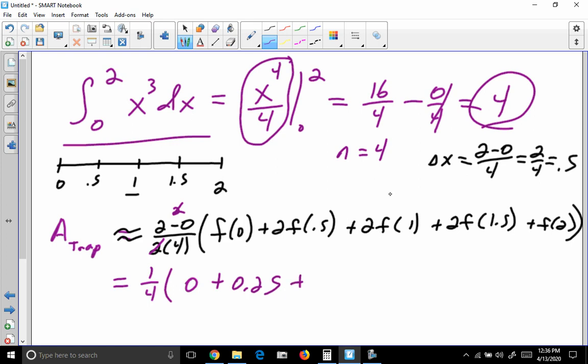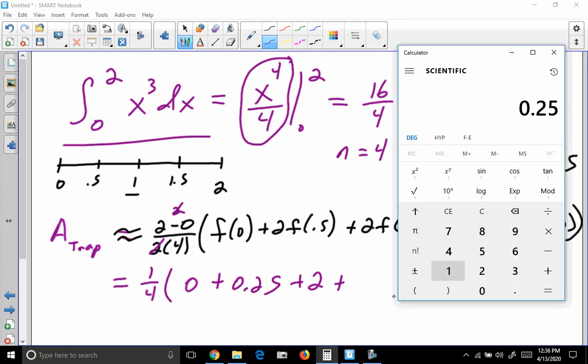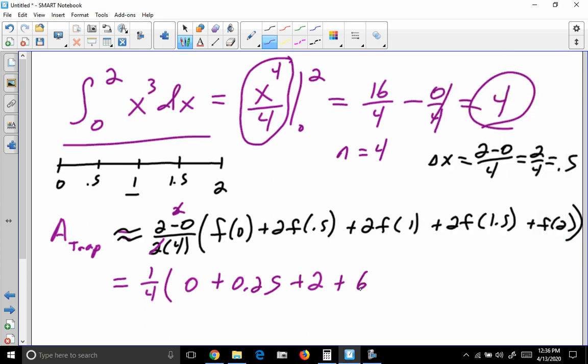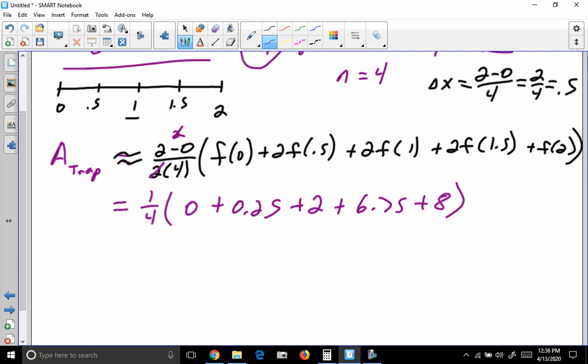If we plug a 1 in, 1 cubed is 1 times 2. If we plug in a 1.5, we have 1.5 cubed, and that gets times 2, so 6.75. And then if we plug a 2 in, 2 to the third is 8. So our approximation using the trapezoidal rule will be whatever we get for this.